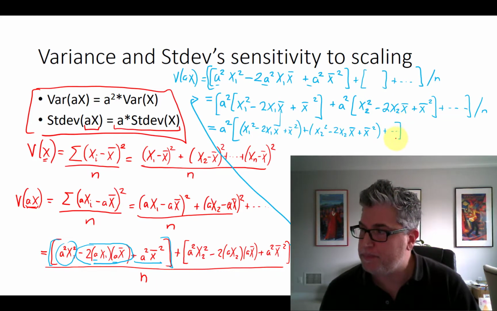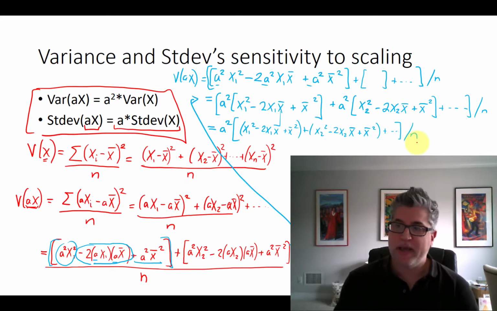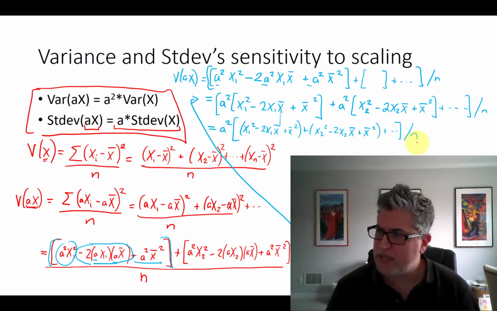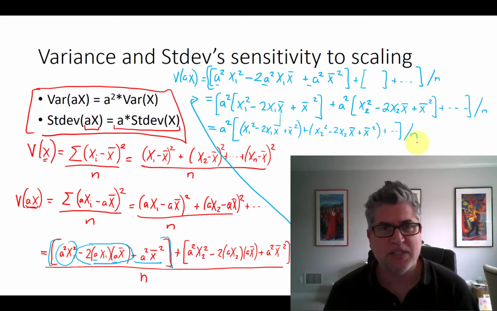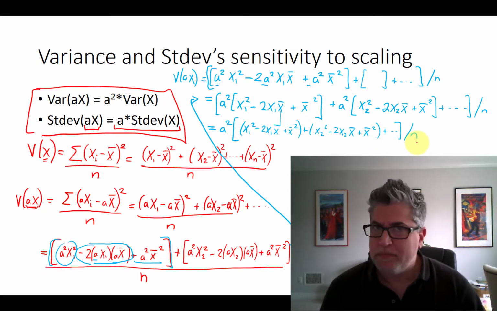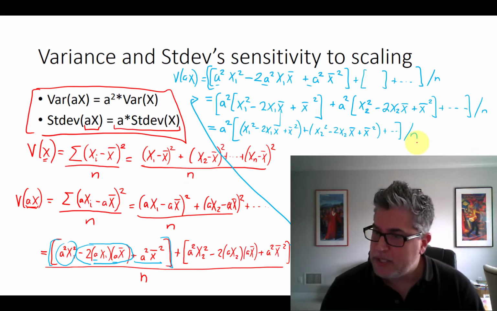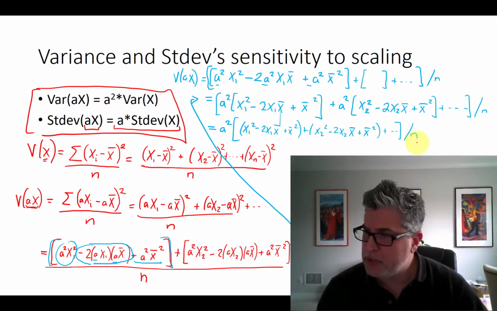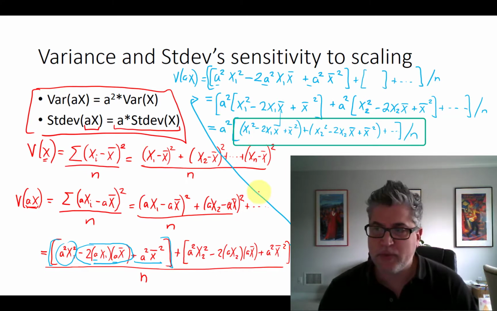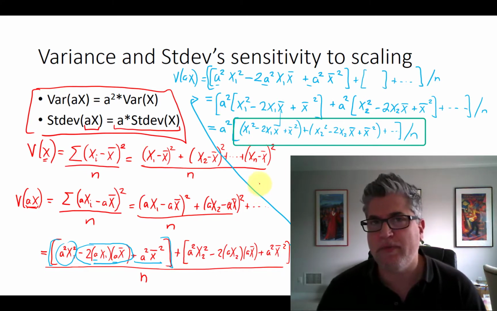Add them all up. Divide by n. Man, this doesn't look any simpler, does it? Well, it will in just one moment. You see, it turns out that this entire thing, everything but the a squared, we actually already saw before.